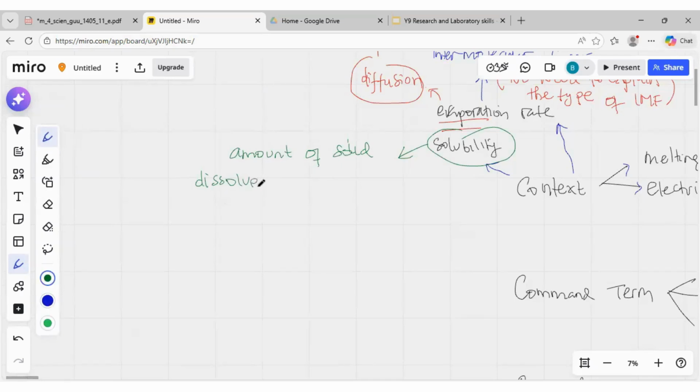Solvent itu pelarutnya ya. Dissolved in solvent. In this case, itu water. Mostly we use water. Now, amount of solid dissolved in solvent depend on the form of particle.